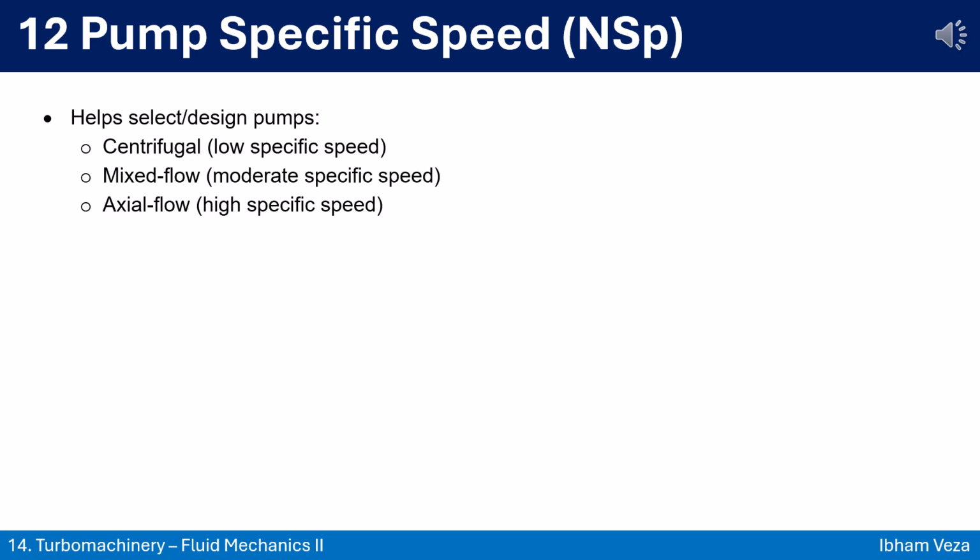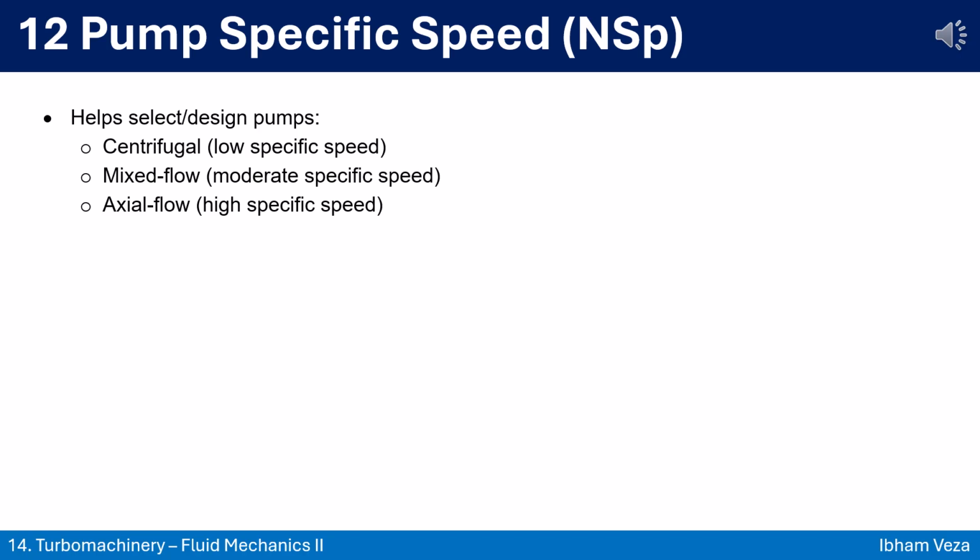When you need something in between, a balance of both flow and head, you turn to mixed flow pumps. These operate at moderate specific speeds and are suitable for a wide range of mid-level pumping tasks. For cases where you want very high flow rates with relatively low head, axial flow pumps are your go-to option. These pumps run at high specific speed, making them ideal for applications like flood control or circulating large volumes of water.